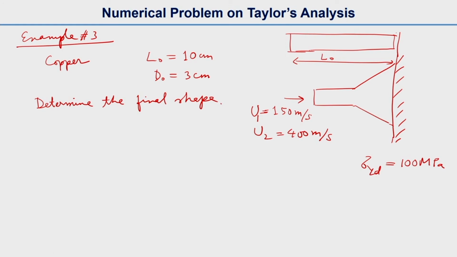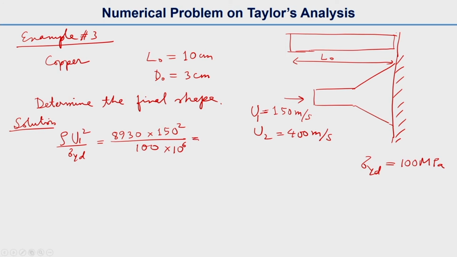So what we can do first is we need to get this term out. So this sigma yd, so that will be: we know the density for copper is 8930 kg per meter cube, and then u square, first we will take this one u1, and then sigma yd is 100 megapascal, 100 into 10 to the power 6, we are writing all in SI unit.